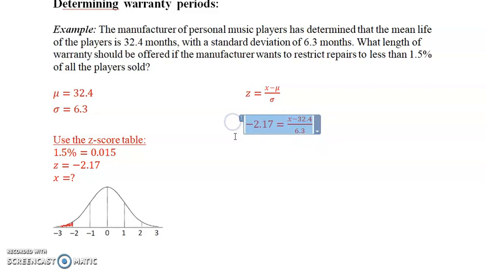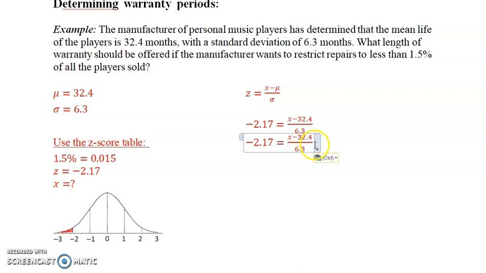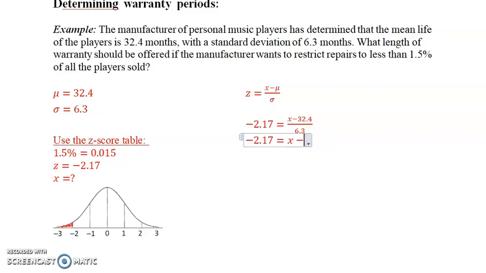So we're going to solve for X. Multiply both sides by 6.3. That leaves you with X minus 32.4 on the right hand side, and on the left hand side do the same thing, multiply by 6.3. Negative 2.17 multiplied by 6.3 equals negative 13.67. Add 32.4 to both sides.